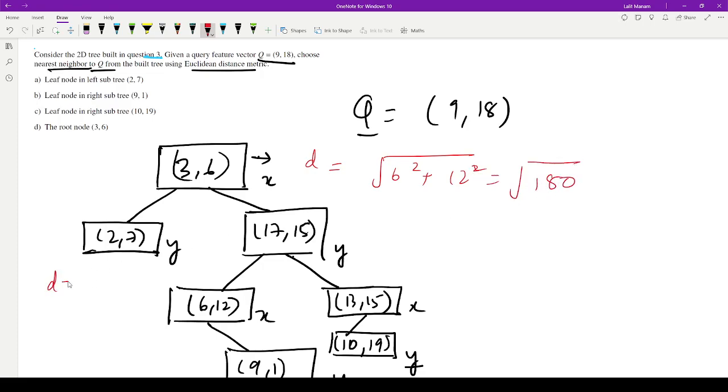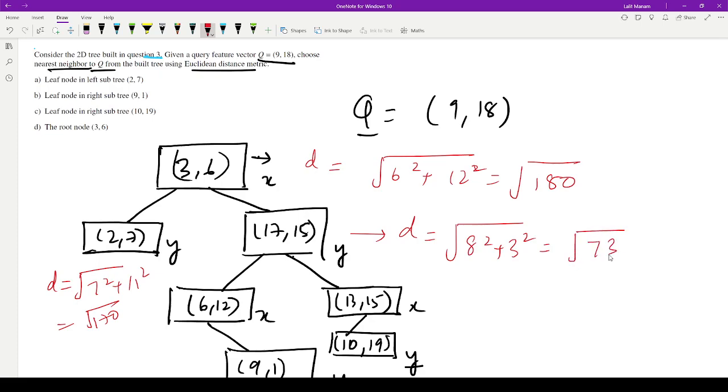And what about this specific node? This is 7 square plus 11 square, which is 121 plus 49, square root of 170. What about this? D is square root of 8 square plus 3 square, 64 plus 9, 73.